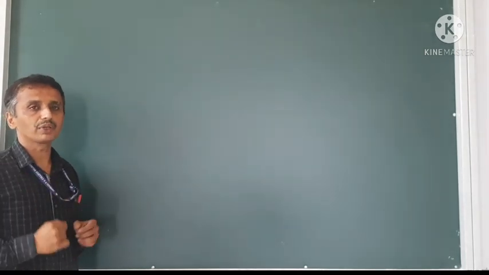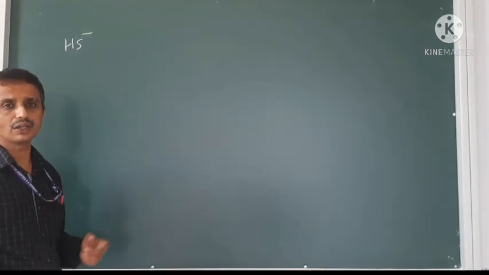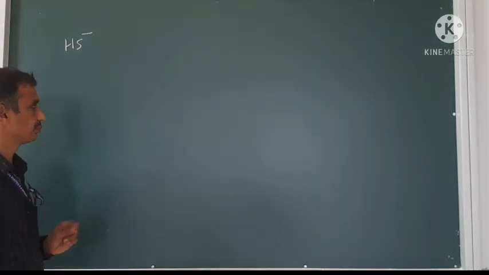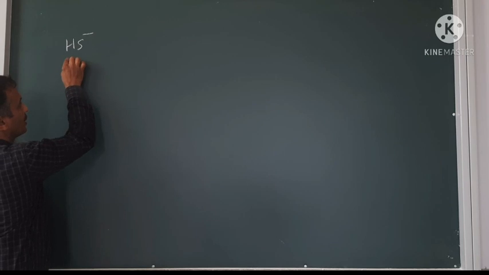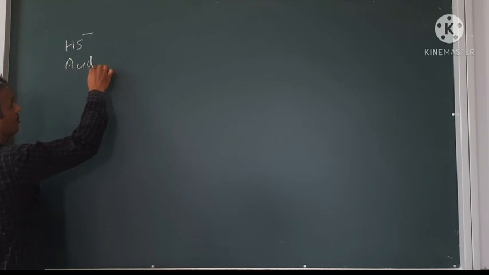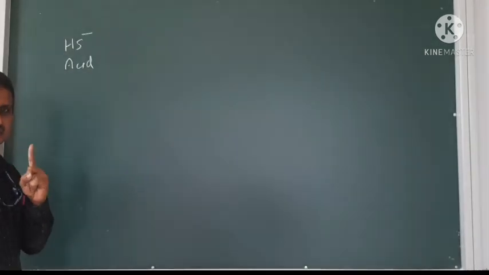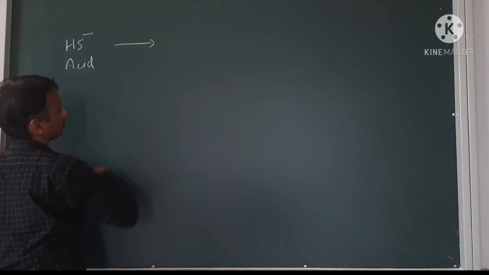Now, a question can be like this. We will write like this: HS minus. You may have to write the conjugate acid of HS minus or the conjugate base of HS minus. See here. If HS minus is an acid, write its conjugate base.